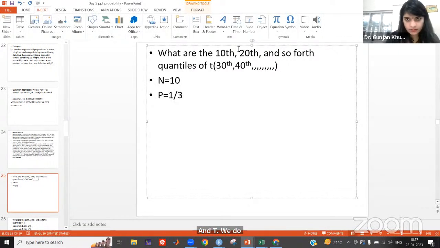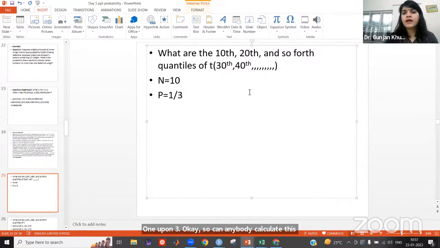Can anybody calculate this? You have to calculate the 10th quantile, then the 20th, 30th, 40th together. Can you do that?